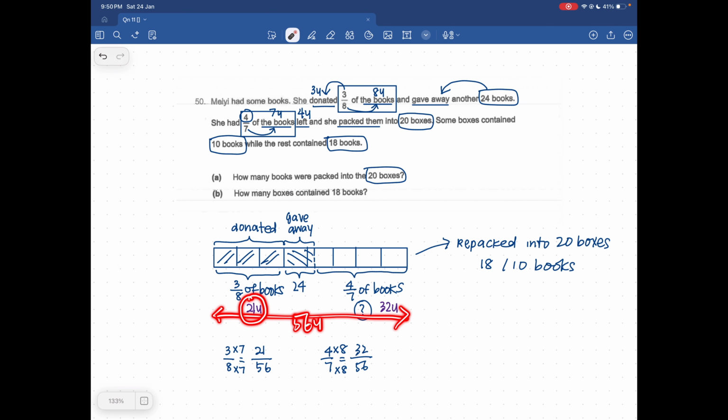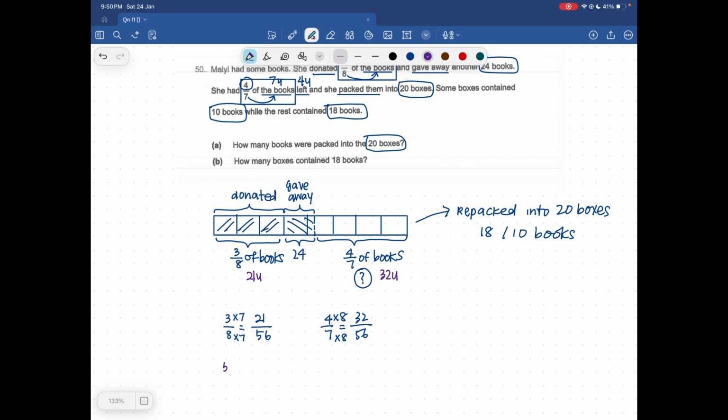So if there's 21 here and 32 here, how many units are represented by 24? I will take 56 minus 21 minus 32. I will get 3. In other words, 24 is represented by 3 units.